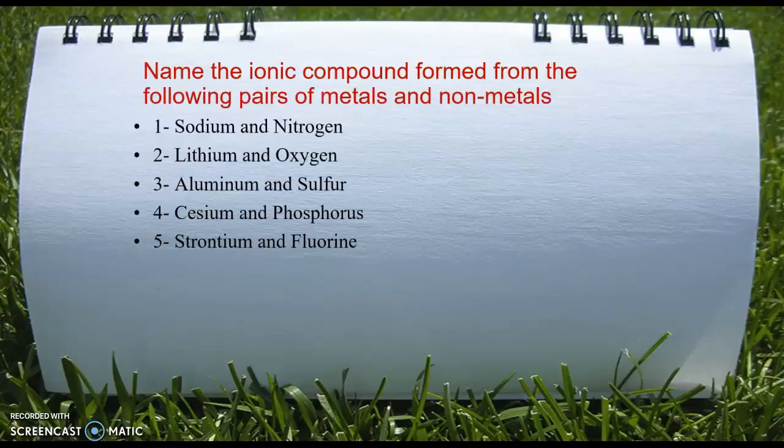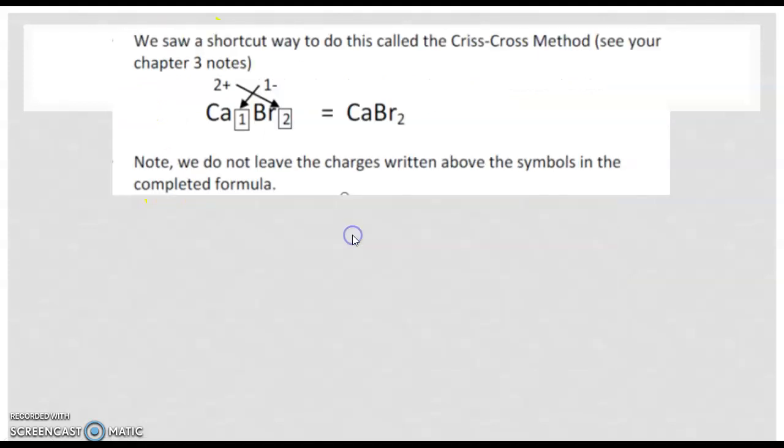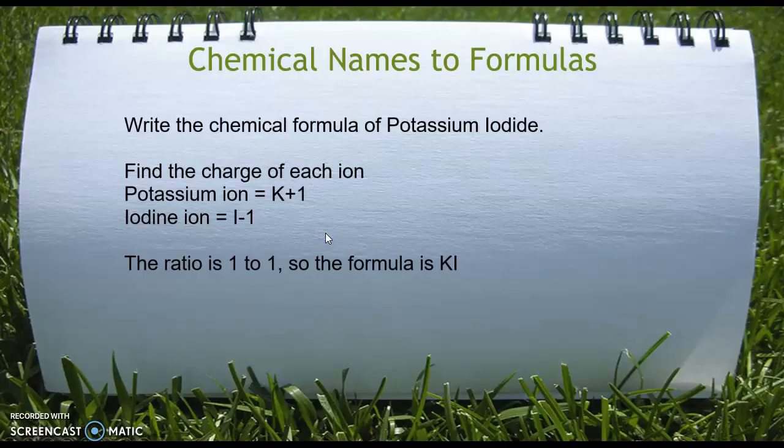So let's see it again. And then we're gonna switch the numbers. So let's do an example. So here, when he's saying write the chemical formula of potassium iodide, we will have to find the charge first of each ion.